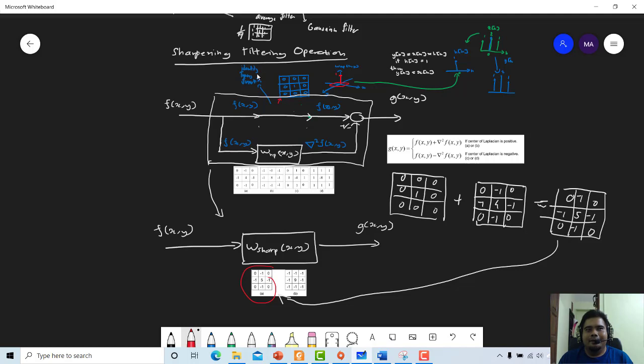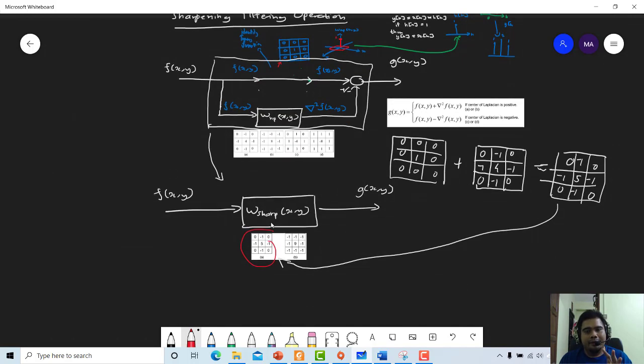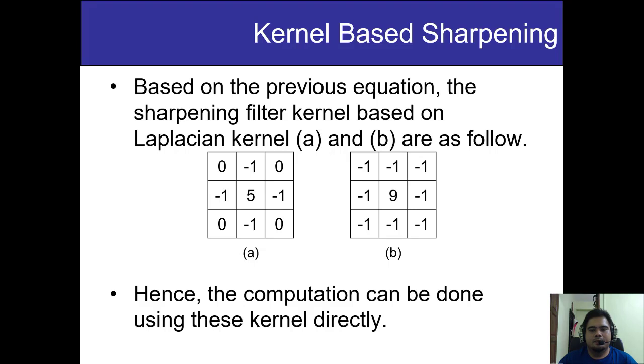Sometimes I ask you to compute the sharpening operation using this mechanism, because we want to test your understanding of how to compute the sharpening filtering operation, as well as to make you know the story or the derivation behind the simplest way. So that explains everything in this slide.